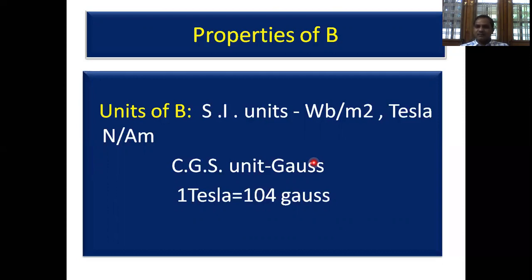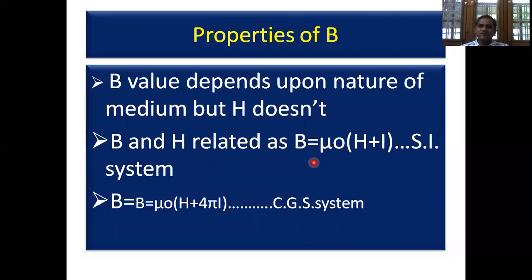Tesla is the biggest unit. Gauss is the smallest unit. It is the CGS unit. 1 Tesla equals 10 power 4 Gauss. From that, you can write 1 Gauss equals 10 power minus 4 Tesla. These units you can write from the different formulas we have for the magnetic induction field strength. We will see them later on.